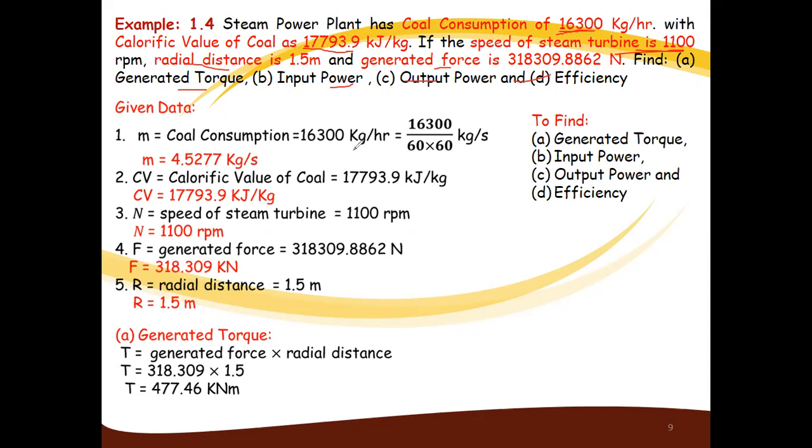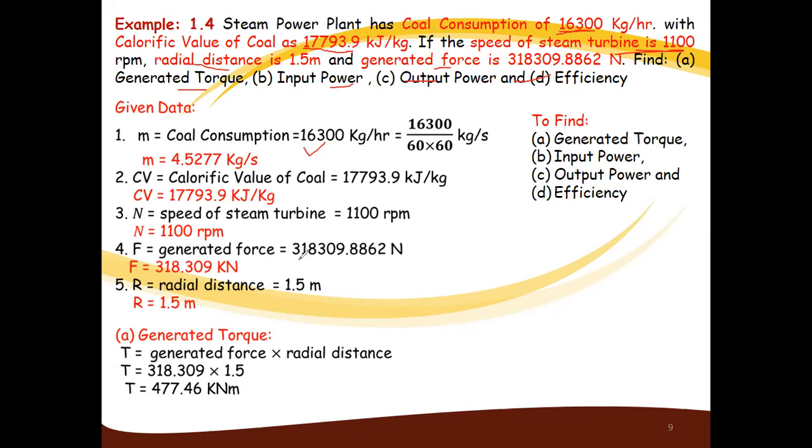So coal consumption is 16,300 kg per hour. So we have to convert this kg per hour into kg per second. So divided by 60 into 60. So we get 4.5277. It is the coal consumption. Then calorific value, it is same, 17,793.9. Speed of turbine is given, 1,100 rpm.